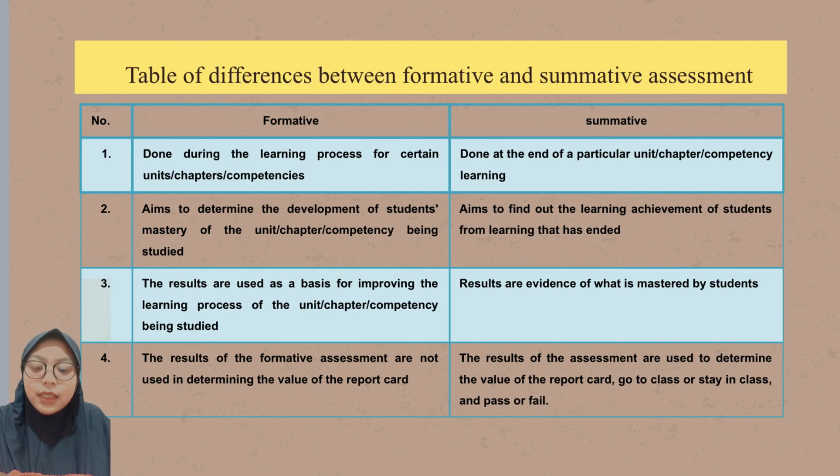Second, formative aims to determine the development of students' mastery of the unit, chapter, or competency being studied, and summative aims to find out the learning achievement of students from learning that has ended. And the third, for formative, the results are used as a basis for improving the learning process of the unit being studied, and summative results are evidence of what is mastered by students.